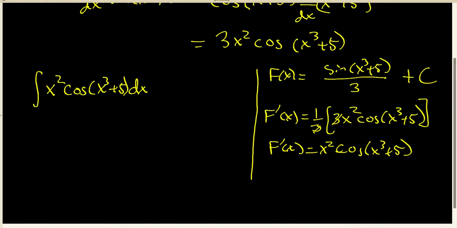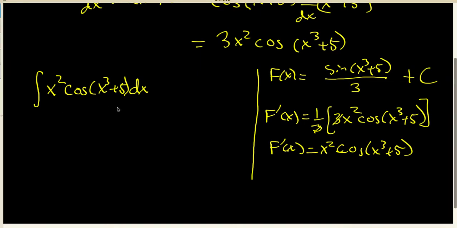The first thing that I want to note in just looking at this integral problem is we have a composition here. This is cosine of, I'm just going to call it stuff.